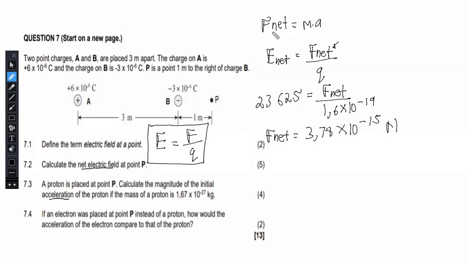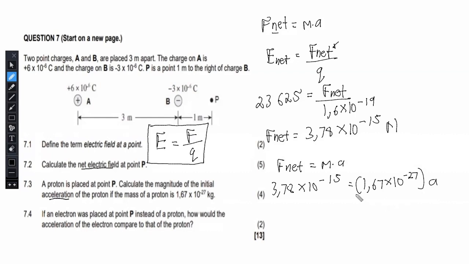Now, from this, we can then apply Newton's second law formula. F net is equal to ma, whereby our F net is 3.78 times 10 to the exponent of negative 15. Our mass we've been given to be 1.67 times 10 to the exponent of negative 27, and then multiply that by the acceleration.